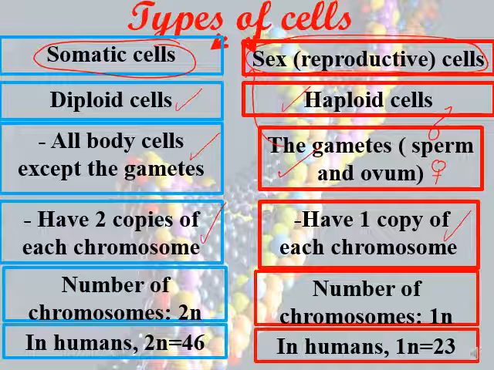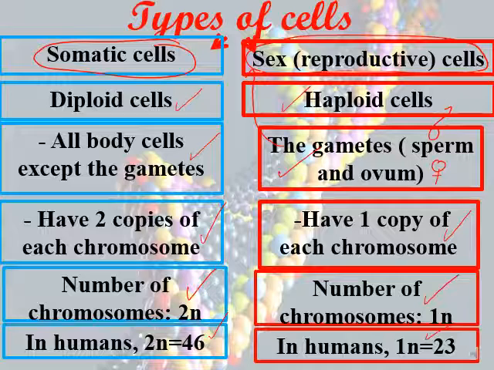That's why the somatic cells, they have 2n number of chromosomes, whereas the sex cells, they have only 1n as number of chromosomes. In humans, somatic 2n equal to 46, whereas sex cells 1n equal to 23. So here the differences between somatic cells and sex cells.